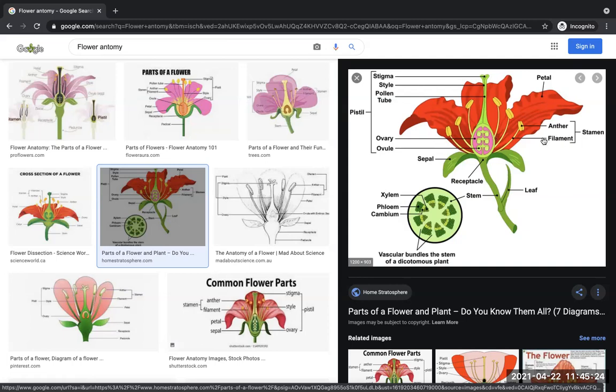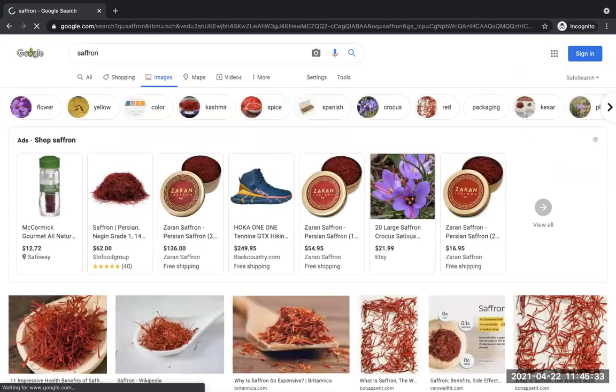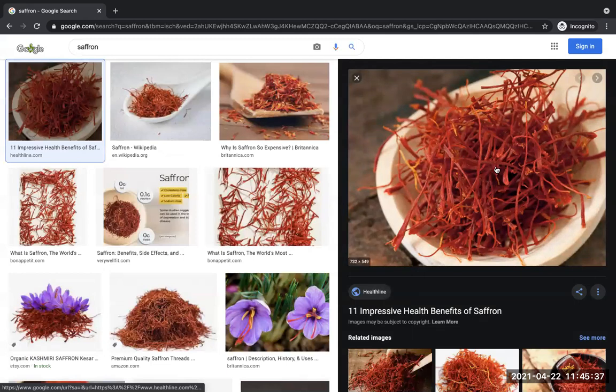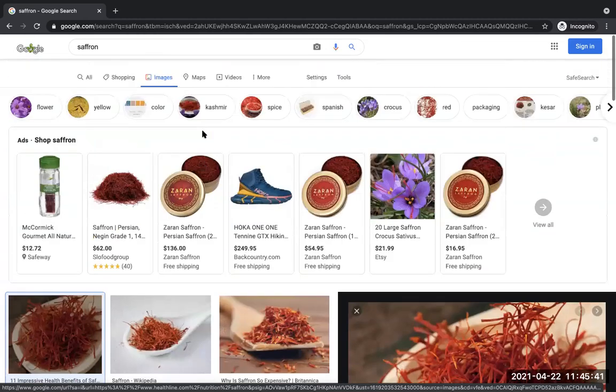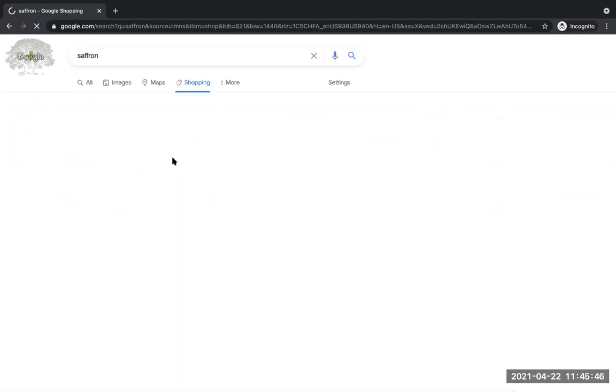This part, stamen, it's used in cuisines known as saffron. So what people have to do, they have to go from flower to flower and pick the saffron. They use it a lot in Persian food. And because they have to go from flower to flower, it's very expensive.